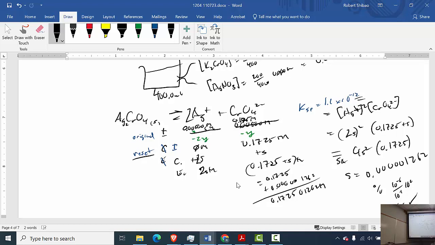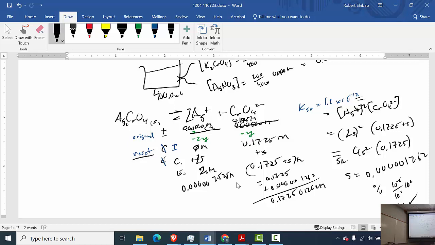And this is going to be double that, and so let's go ahead and times this by 2. And this is going to come out to 0.502525 molar.